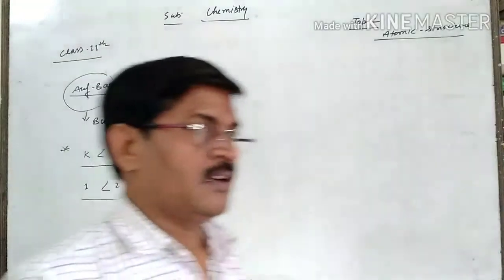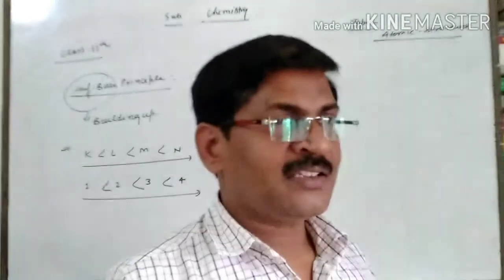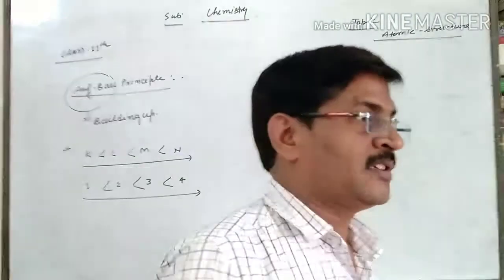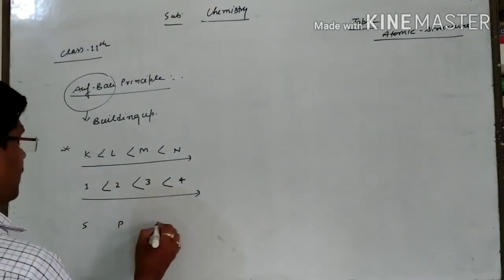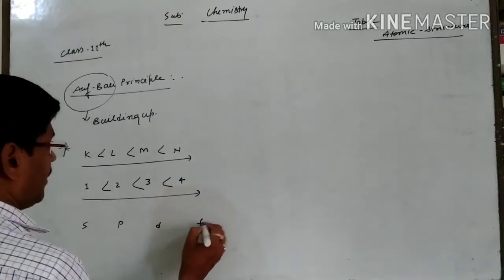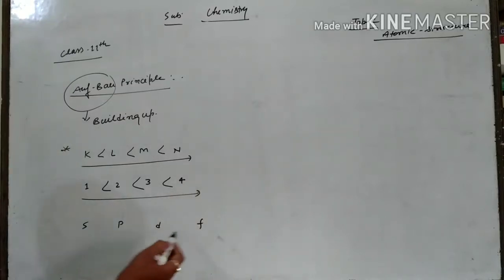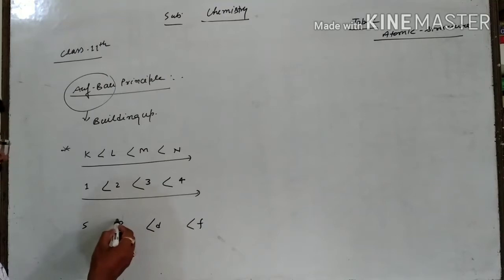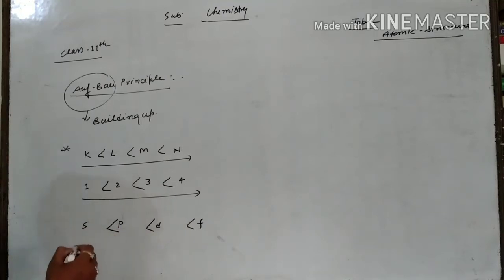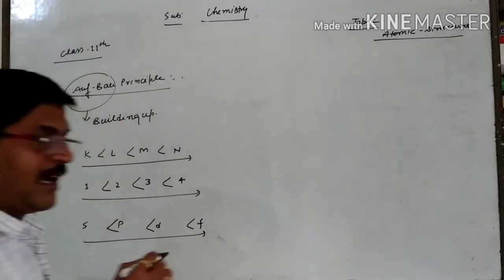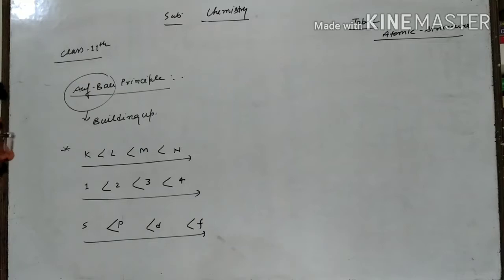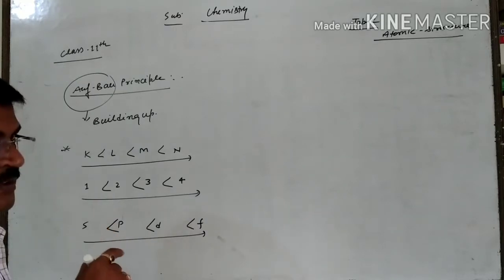After that, these shells also have subshells like s, p, d and f. f has more energy than d, d has more energy than p, and s has less energy than p. So this is the energy order in different subshells.